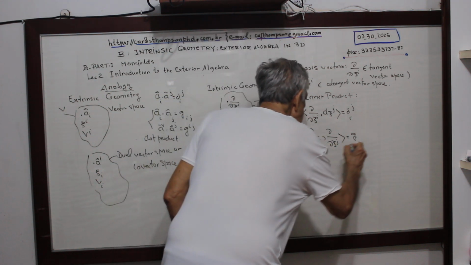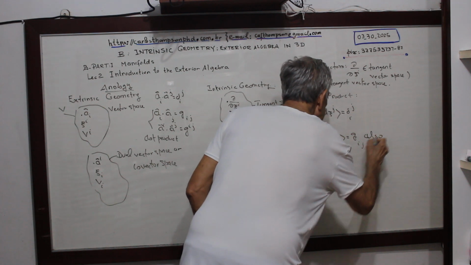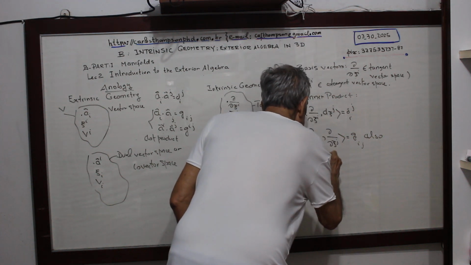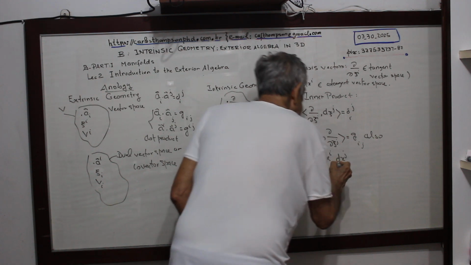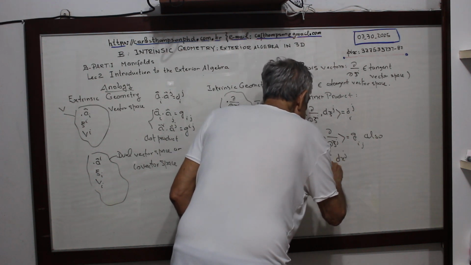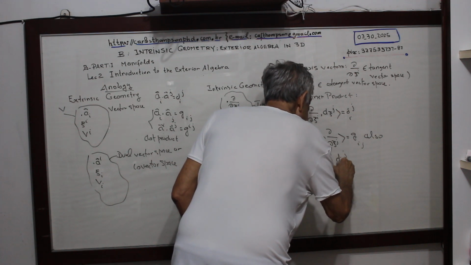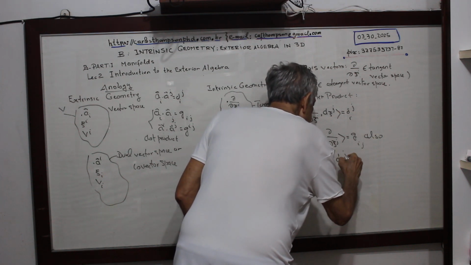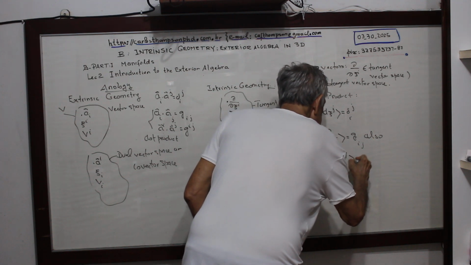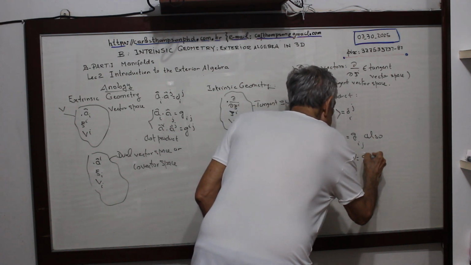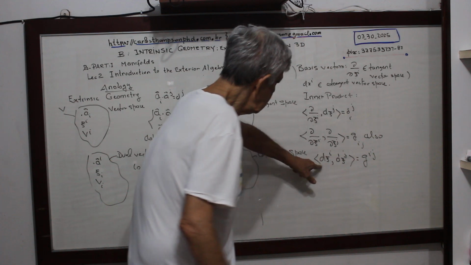Okay, and also the inner product dxi, dxj is equal to Gij. See? Gij.